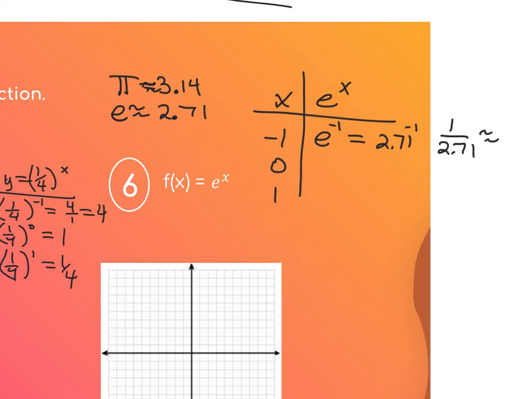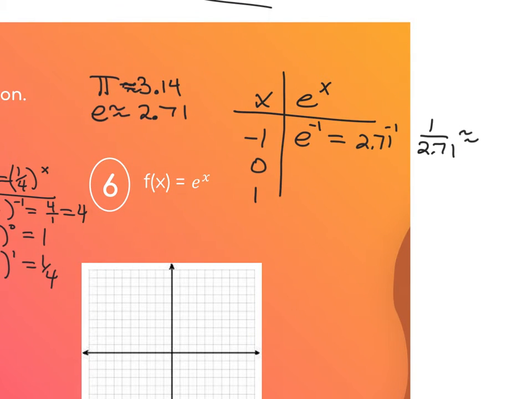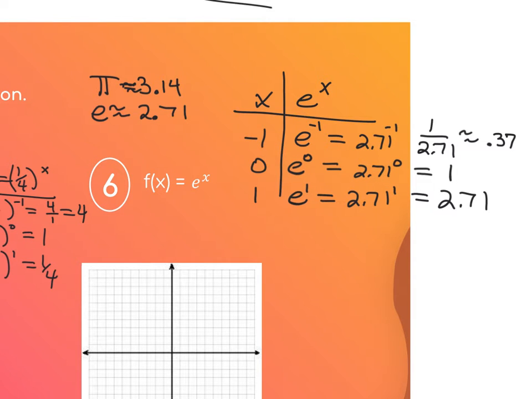And if you think that 2.71 is about 3, so it's like 1/3, this is equivalent when you divide it to about 0.37, rounded. Then anything to the 0 power equals 1. So again, if you want to think of it as 2.71 to the 0, it equals 1. And then E to the first is really 2.71 to the first, which is 2.71.